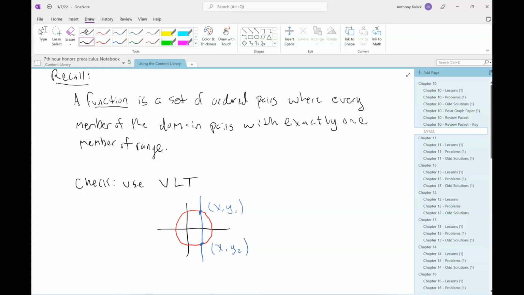Let's think about that for a moment. So we want to still be a function, but we don't necessarily have to pass a vertical line test.